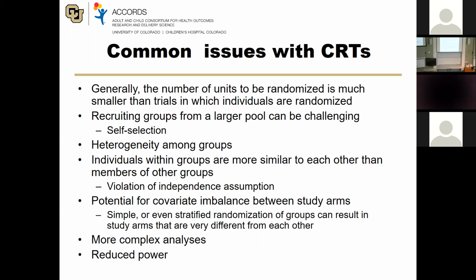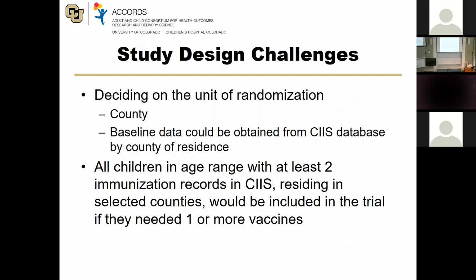One of the things that affected us quite a bit in this trial is the potential for covariate imbalance between the arms when you're randomizing small numbers. And again, more complex analyses and potentially reduced power. So there are a lot of things to think about. So the first thing we needed to do was decide on the unit of randomization, and we decided the county would be a reasonable unit of randomization.